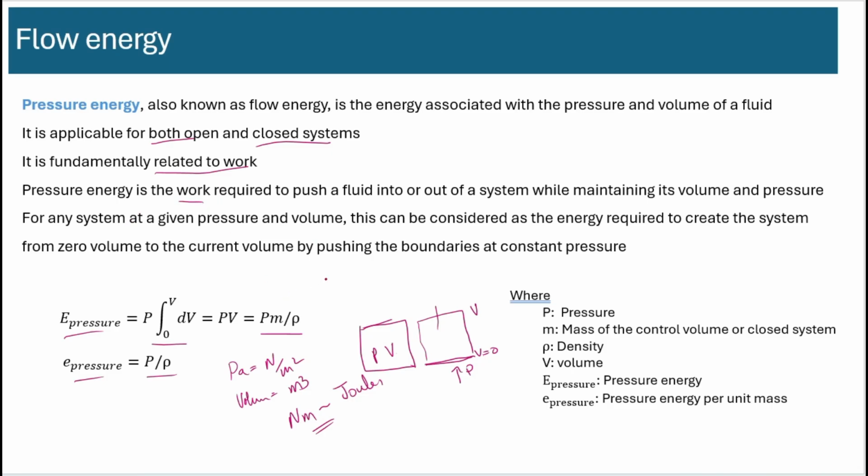If you remember from your mechanics classes that force times distance is work, right? Which is Newton times meter. So it's the same thing here, Newton meter, joules. Instead of force, we are dividing the force per area, which is pressure. And then instead of a distance moved, it's a volume that's being displaced. So it's essentially similar, and it's an energy that's accounted for in the work term. Okay. All right.